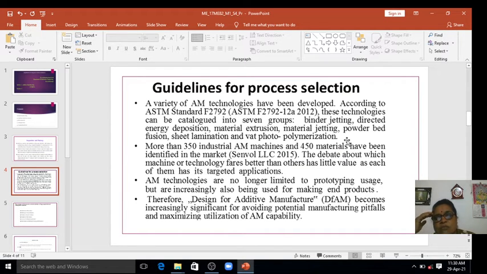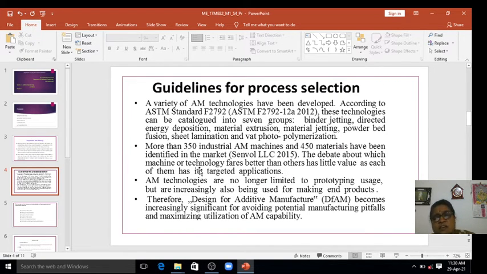The next guideline is that more than 350 industrial additive manufacturing machines and 450 materials have been identified in the market, say Senvol LLC 2015. Here there are a lot of debates. The debate about which machine or technology fares better than others has little value as such, as each of them has its targeted applications.